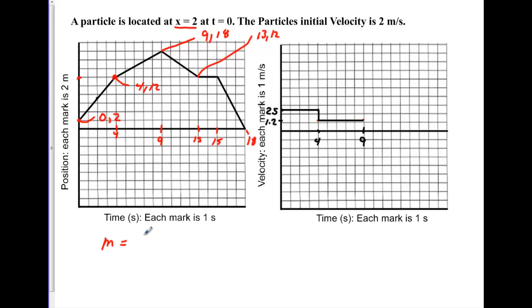Again, we take this value here, which is going to be 12. We're going to subtract this value here, which is 18, over the time intervals of 13 minus 9. 12 minus 18 gives me a minus 6 over 4, which will give me a minus 3 over 2, which is equivalent to negative 1.5.